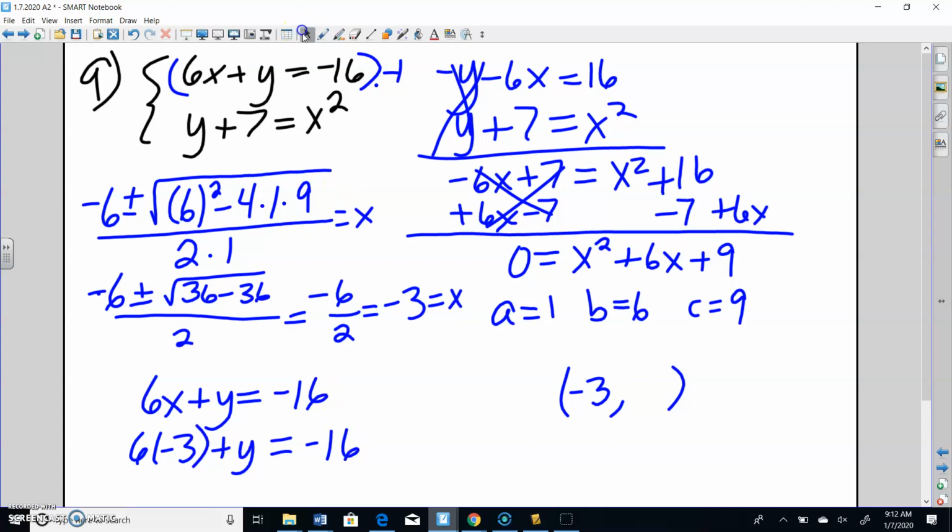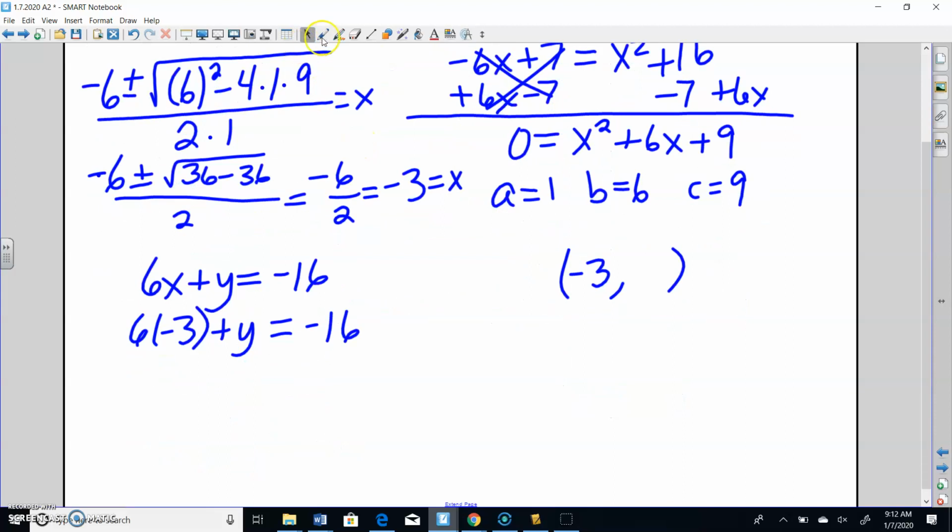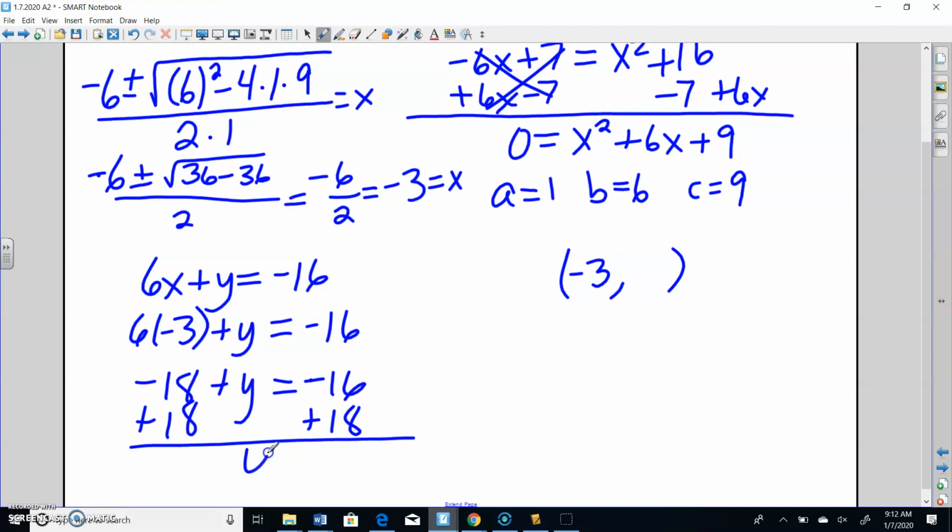That's -18 plus y equals -16. So I'm going to add 18 to both sides, and y equals 2. So there is the point of intersection of those two figures.